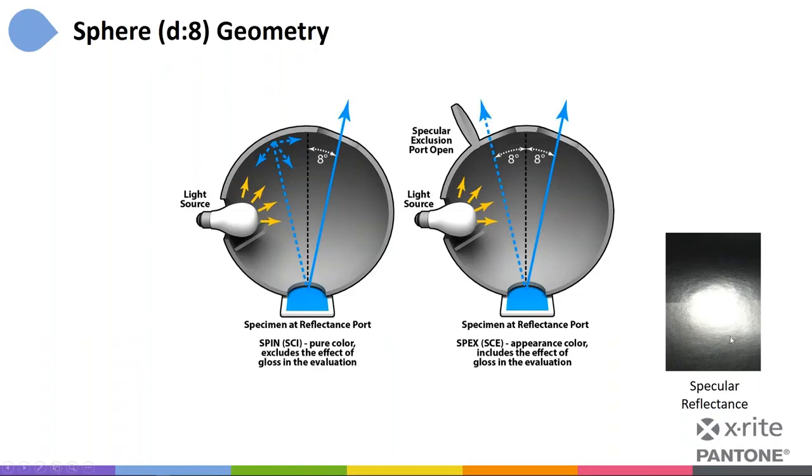The specular port allows us to let that light that's bouncing off because of its gloss or specular reflectance stay in the sphere, that's SCI, or to open the sphere and let that light get out, that's SCE. It gives us two different answers, if you will, with a spherical device.